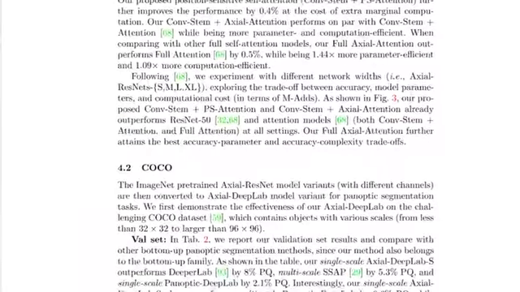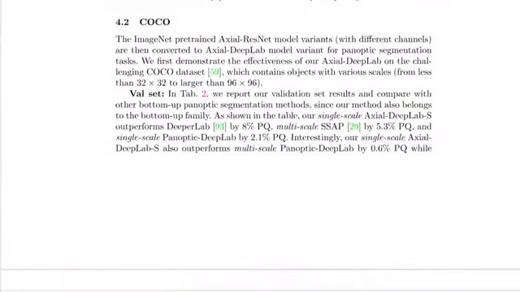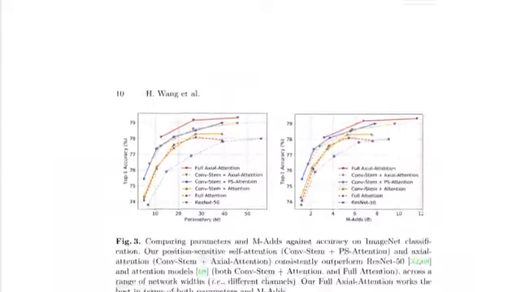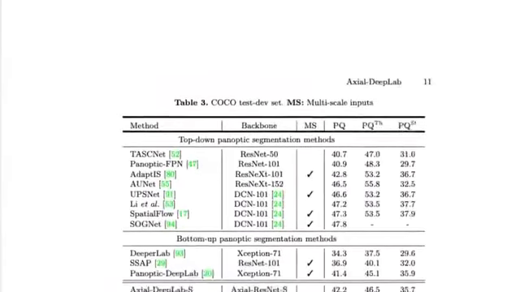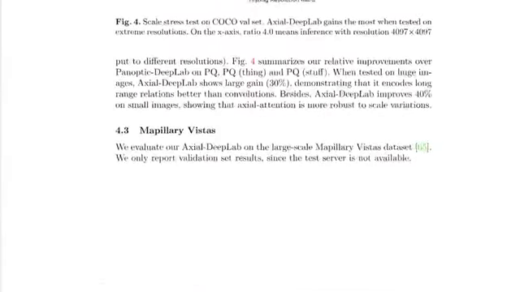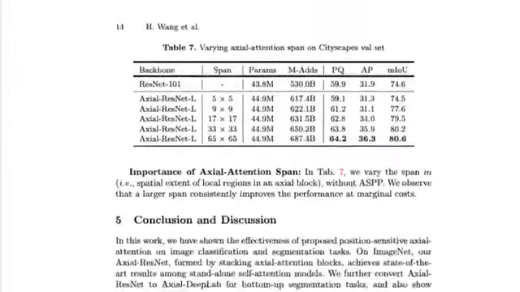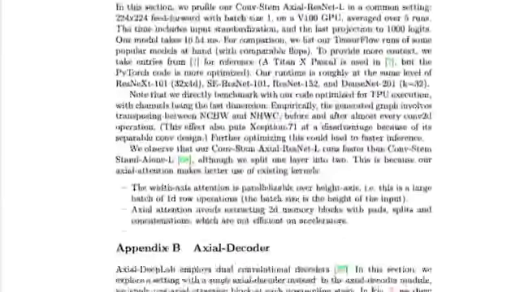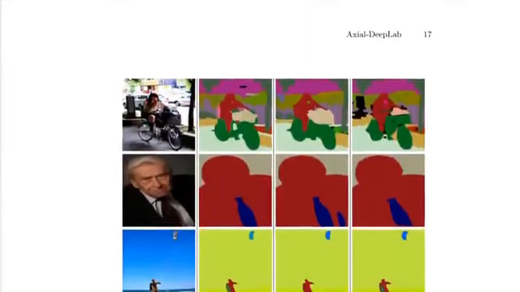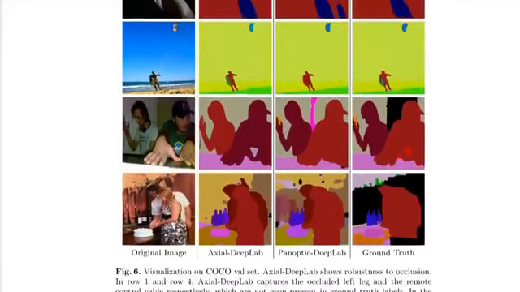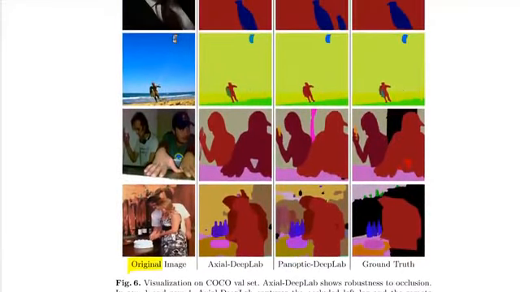So where this model really shines is where you really have to make long-range connections between pixels, and that's these kind of segmentation tasks. And I want to skip the tables right here, they're best in everything, and go to the appendix where they have some examples of this. So here you can see specifically, this is the original image.